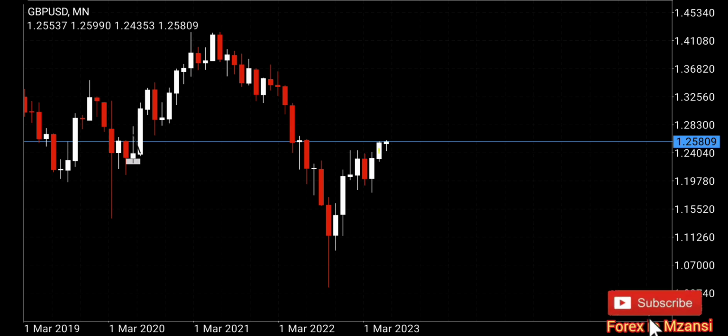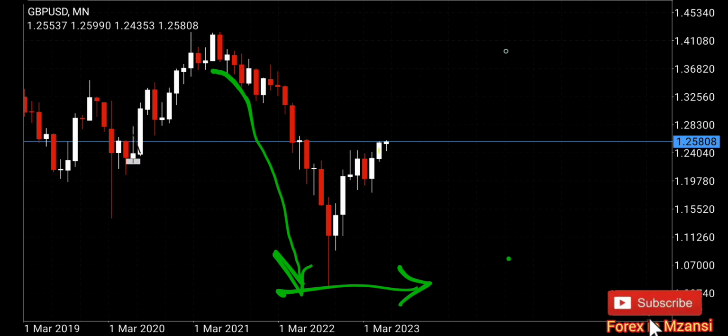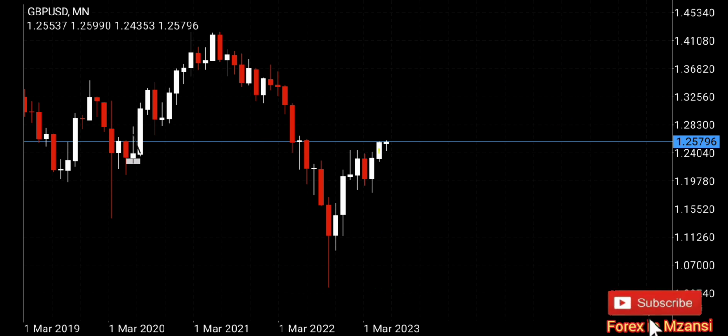What we can take from this is that the price has been dropping from that point, and this is the lowest point we have reached. Now the price is sort of recovering. If you follow this move, you can see that when the price was moving to the downside, there was a pause here, and a pause there.